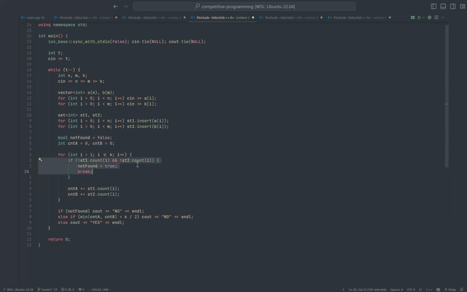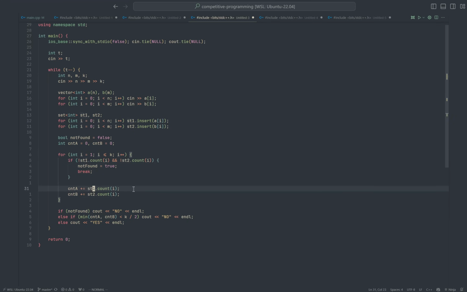Then I'm having an if condition that if some value i is not coming up in array a and array b, in that case just set the value of not found to true, and break out. So it will tell me that there is some element which is not coming up in either of the arrays.